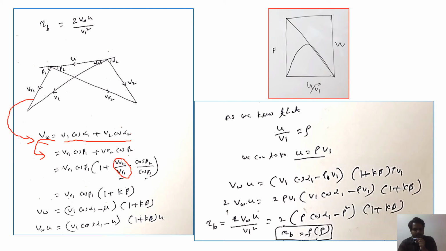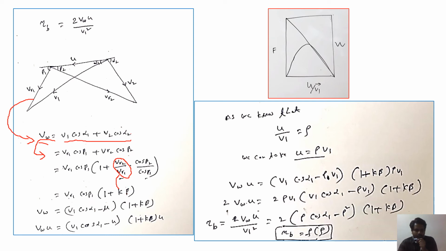This is the velocity coefficient, so this is also constant. Now we can write it as VR1 cos beta 1 into 1 plus K into B. K is the constant VR2 by VR1, and B is the constant cos beta 2 by cos beta 1.